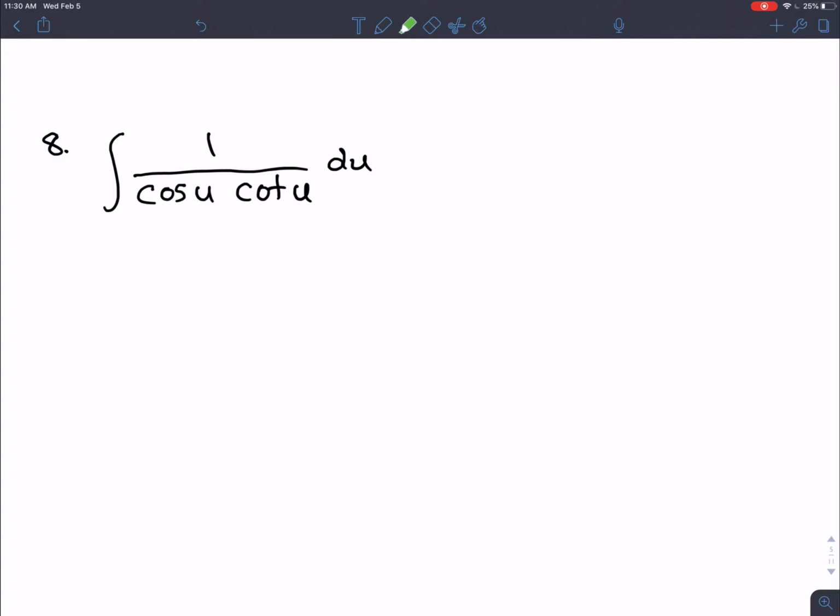I don't have cosine of u, cotangent of u if you look back at your rules, but I can consider 1 over the cosine of u and 1 over the cotangent of u to see what that might give us if we were to rewrite, and just see if that helps anything. So 1 over the cosine is secant of u, and 1 over the cotangent is tangent of u, and of course du.